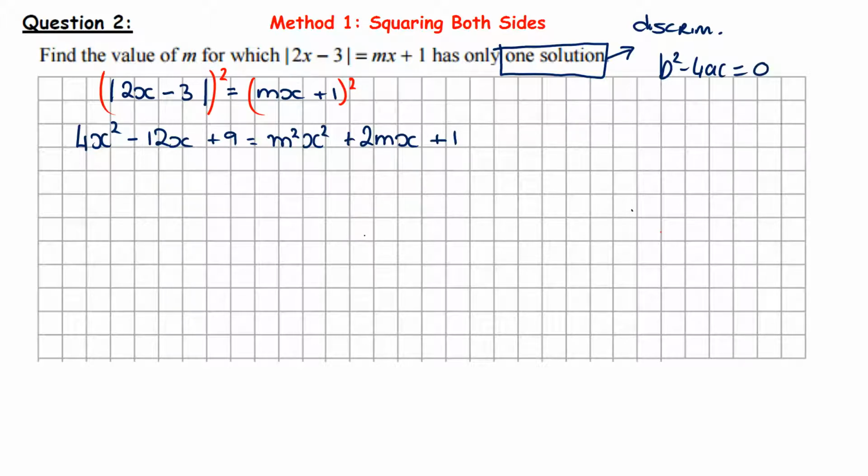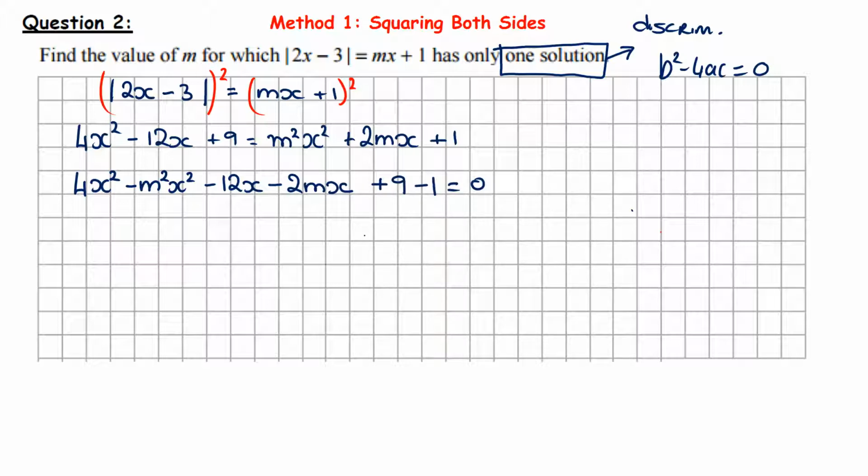So in order to use that, we're going to have to get into a quadratic in a form we can work with. So we're going to have 4x squared, and we're going to bring the other x squared across, minus m squared x squared, minus 12x minus 2mx plus 9 minus 1 equals 0.